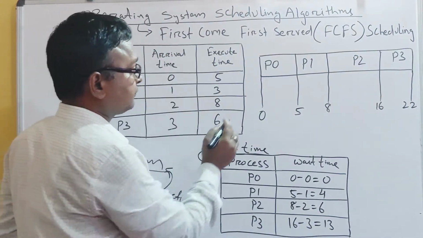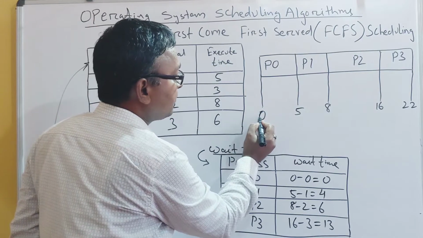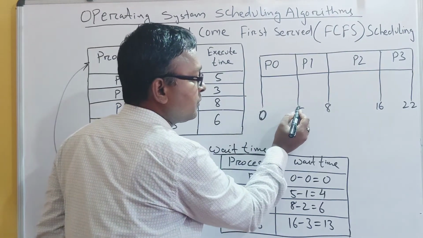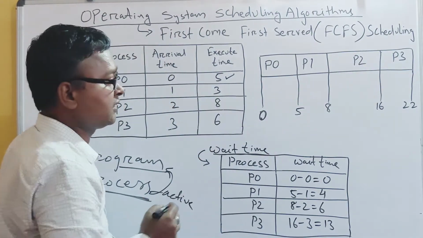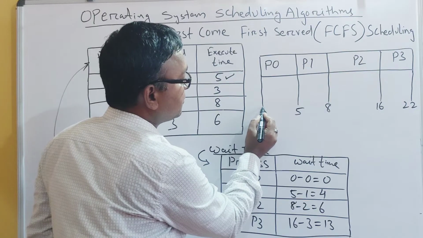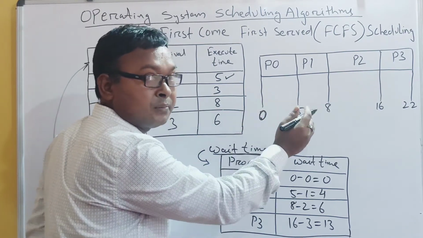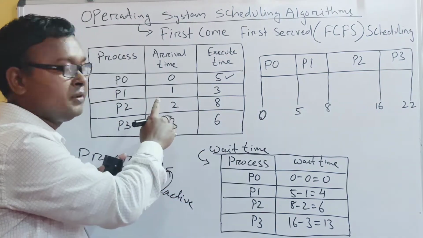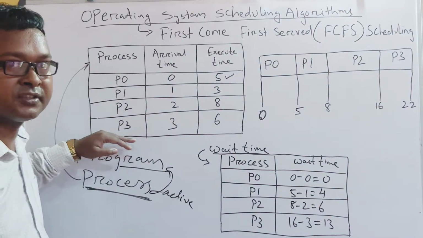See here, P0 started at what time? At 0 time. How much time has it taken for execution? 5 nanoseconds. So I have shown here P0 starts executing in the processor. See here, the CPU scheduler takes a very important role. All the processes have entered the processor.